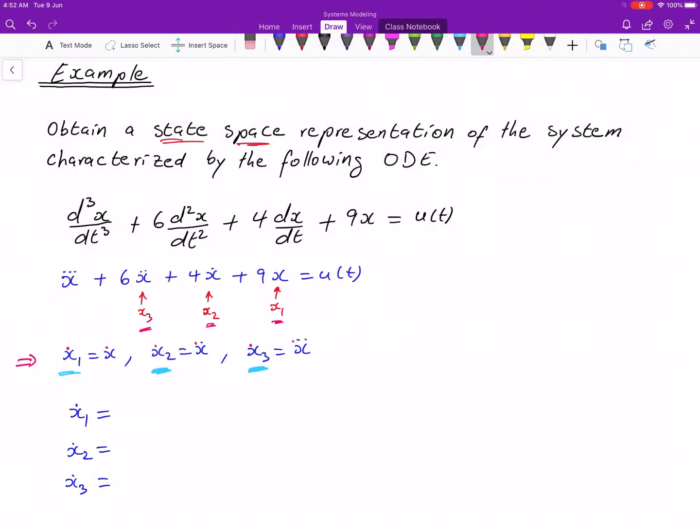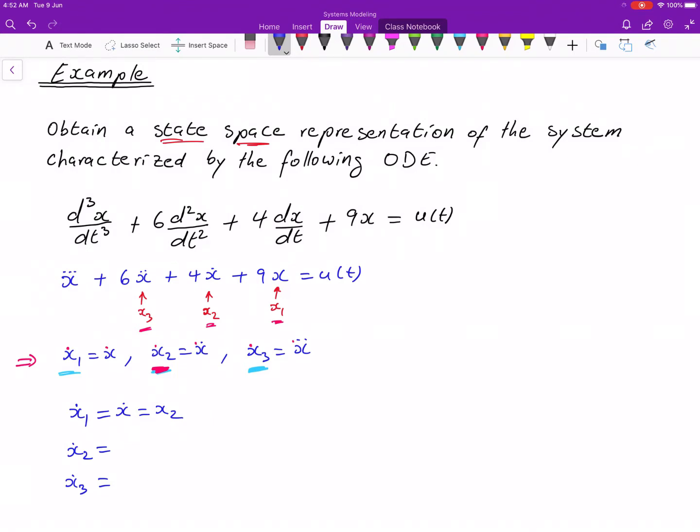You can see now we have x1 dot is equal to x dot, x2 dot is equal to x dot dot, x3 dot is equal to x dot dot dot. So we rewrite this: x1 dot is equal to x dot, and x dot is also x2, so x1 dot is equal to x2. Then we leave it.